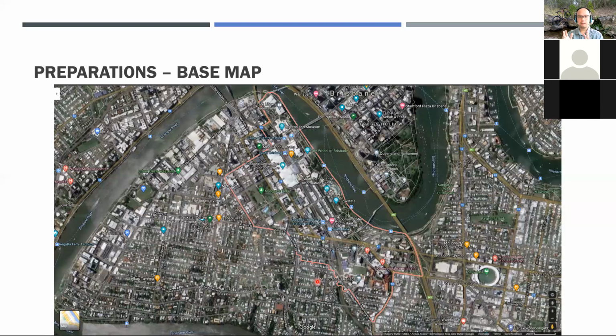You don't want to have a base map that is 1 to 5,000 and then an analysis of 1 to 1,000, because that would just be disorientating. So you need to be consistent with the map size and scale.